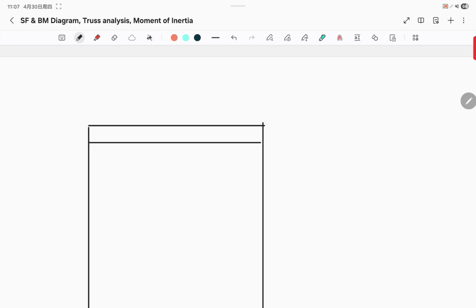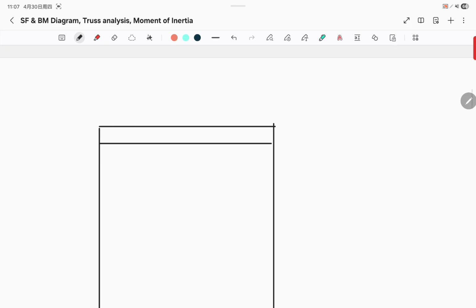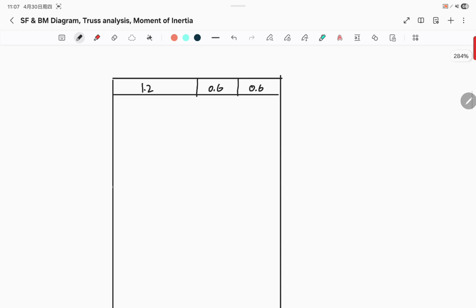We have 1.2 meters and then 2 times 0.6 meters. So about here, right? This is 0.6 meter, 0.6 meter, and 1.2 meters. Now we're going to draw the shear force diagram first. So here we label x equals 0, 1.2, 1.8, and this is x equal to 2.4.